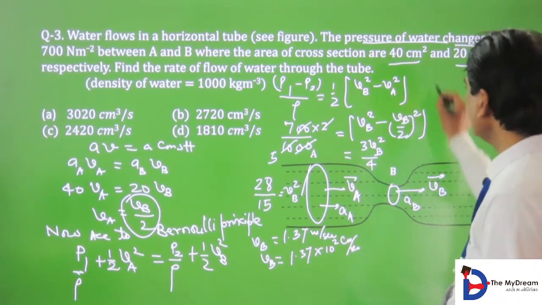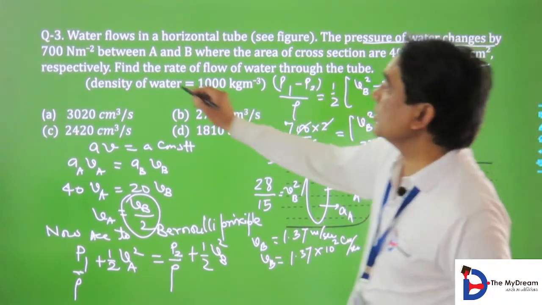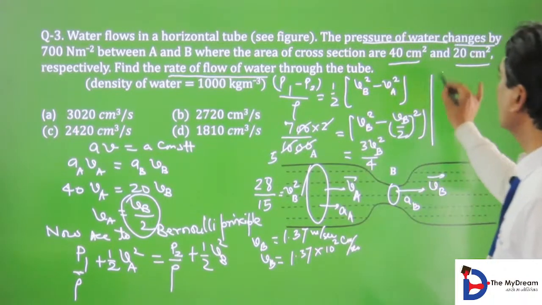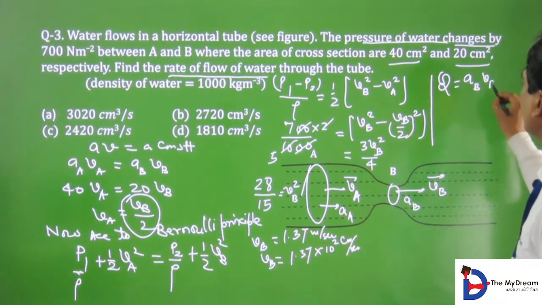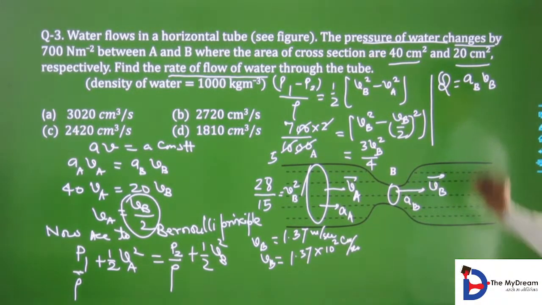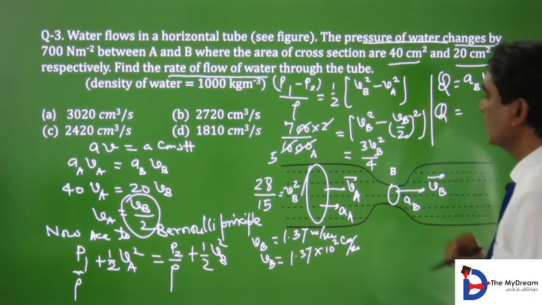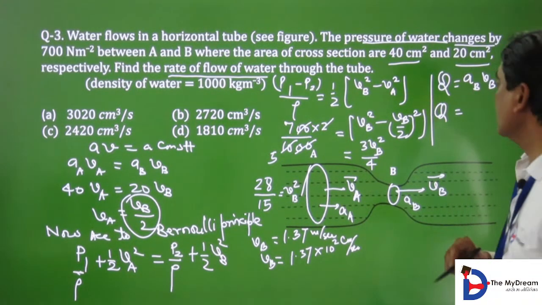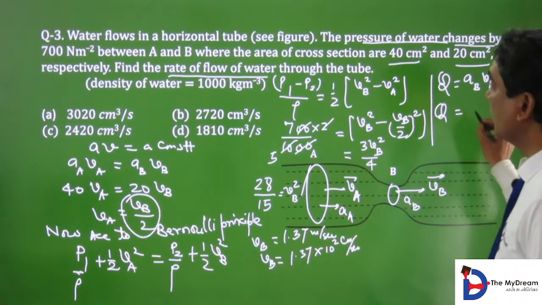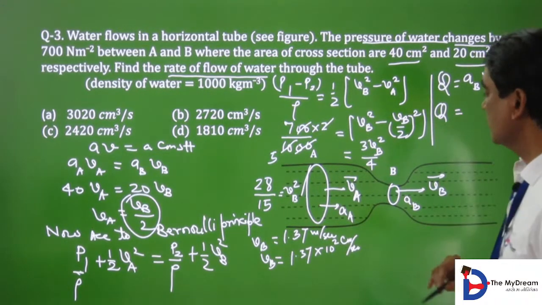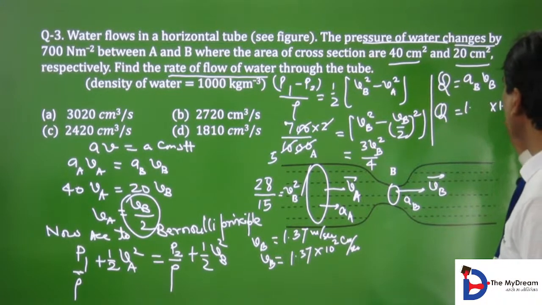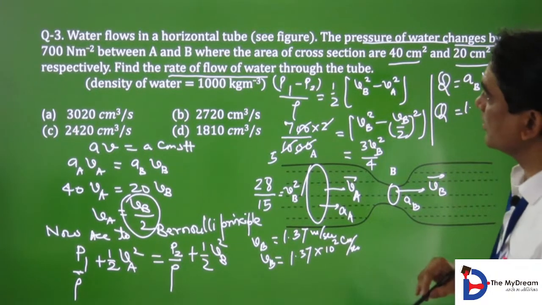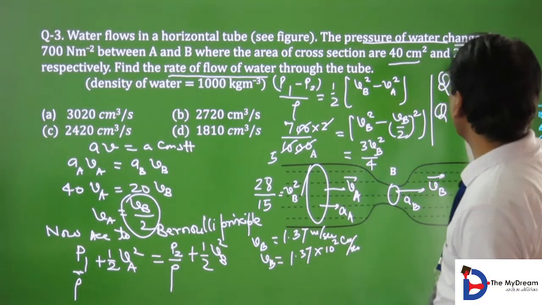Now you want to know the rate of flow. Rate of flow is given by AB into VB. You can do the calculation. I know, but you must do. The VB is 1.37 into 10 raised to 2 and the area of cross section is given to you, that is 20.